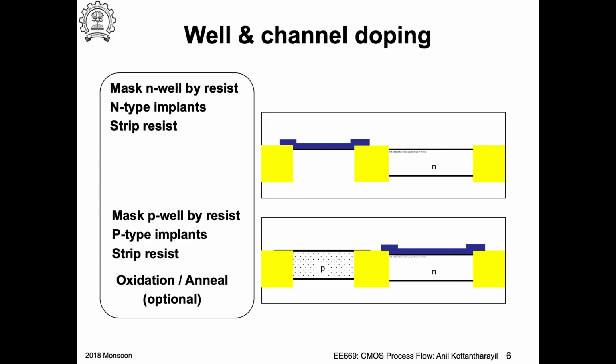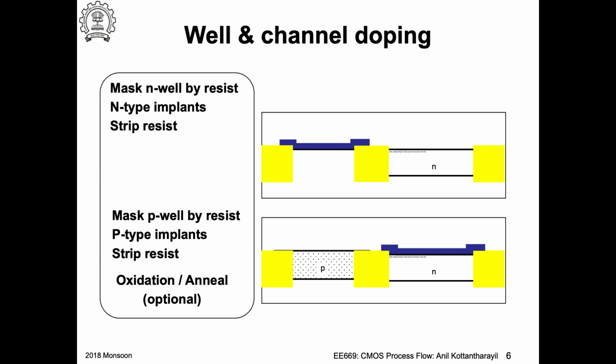One would be a deep implant, which would actually create the N well. You want to go deep down to 300, 400 nanometers. You can imagine that if I just do one implant, I would have a strong profile, and the doping concentration in the well will not be uniform.